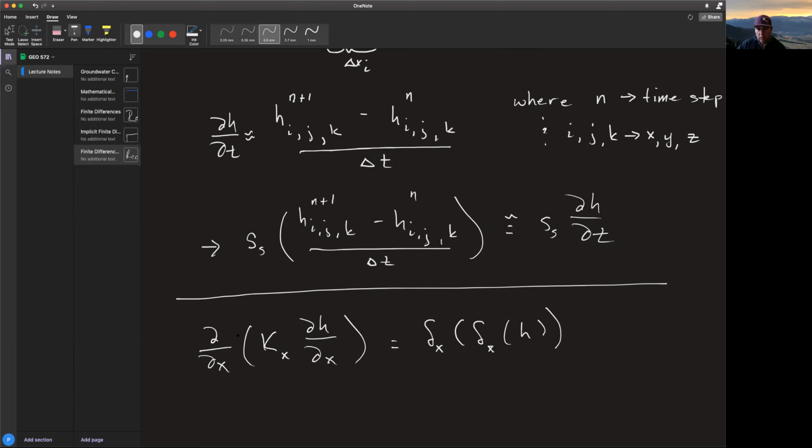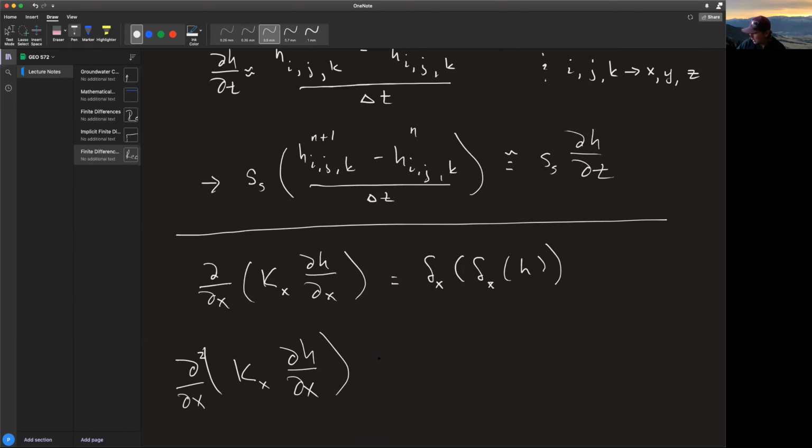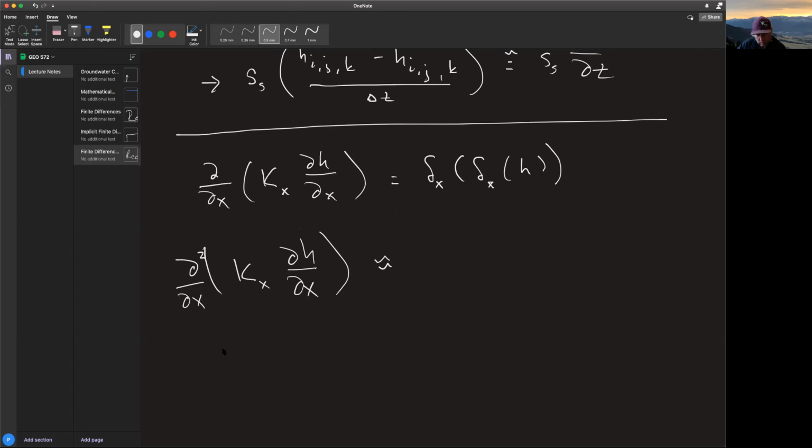If we do that, we can write this first term, d/dx of k sub x dh/dx, as approximated by 1 over delta x i, j, k.